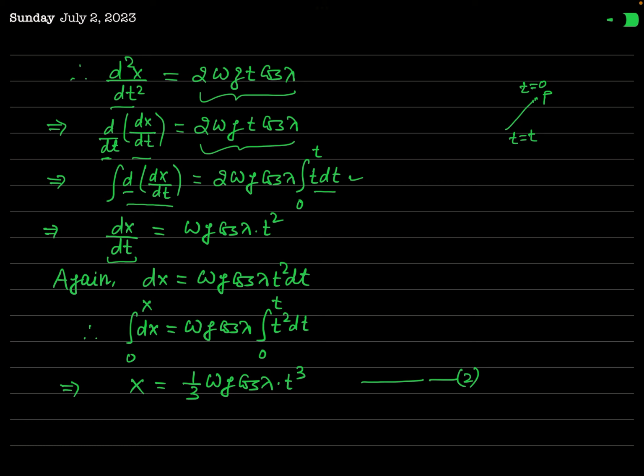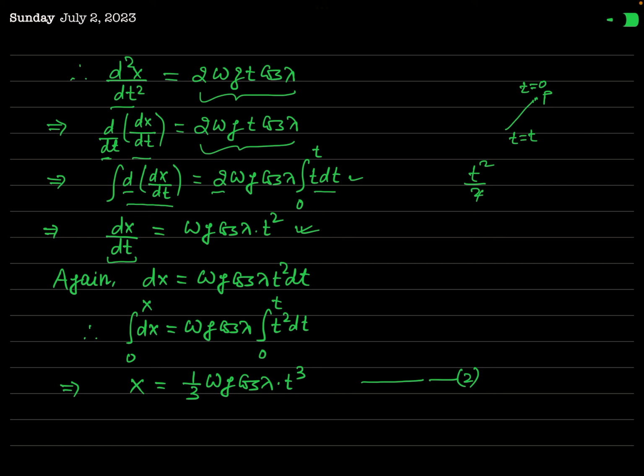So dx by dt will be equal to what? Since the integral of t will be t square by 2, this 2 and this 2 will cancel out. So after cancellation of 2, our result is dx by dt equal to omega g cos lambda t square. Okay. So after one integration, we have obtained dx by dt.